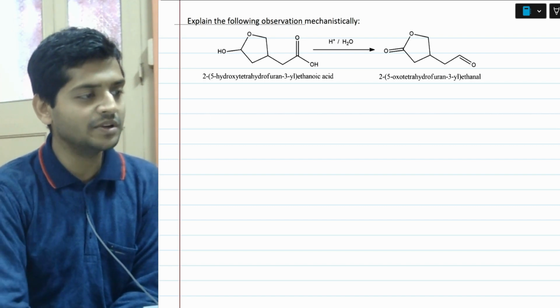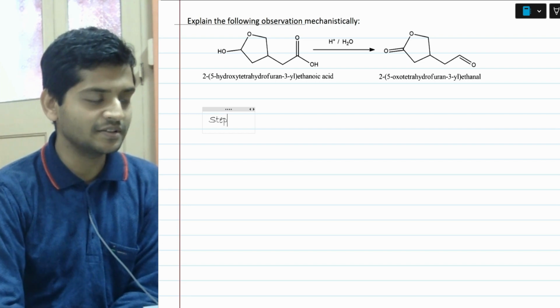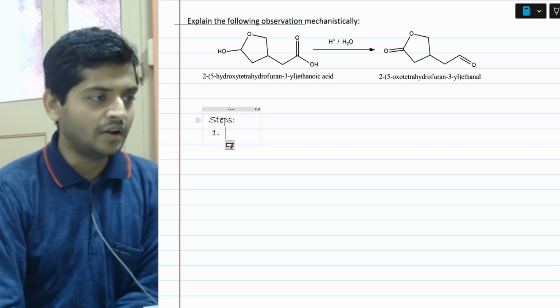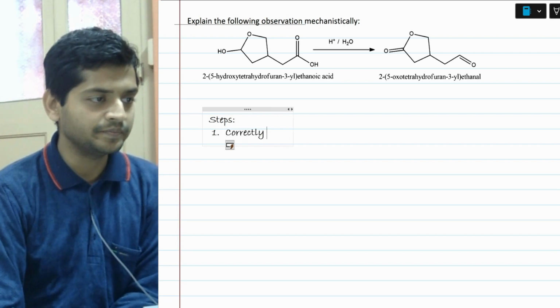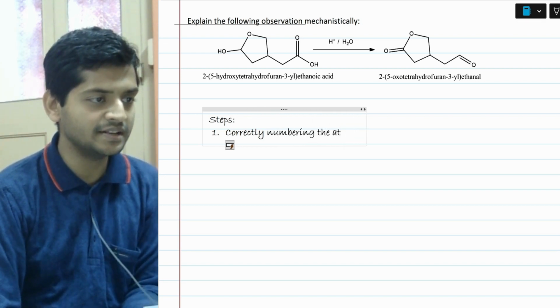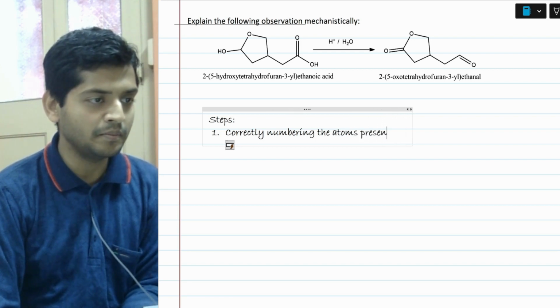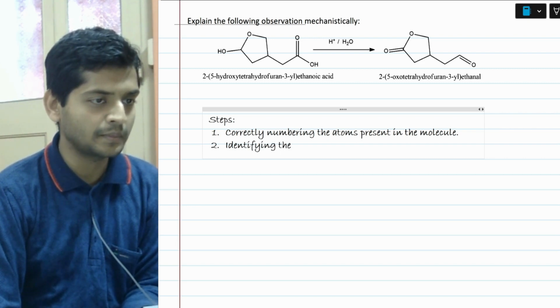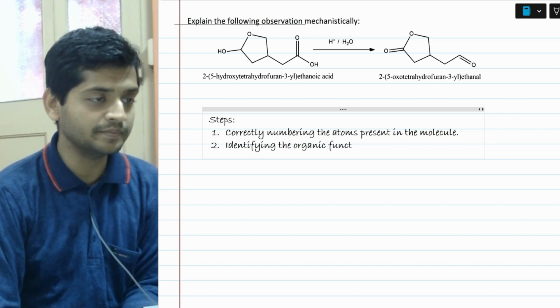If we divide this entire problem in 4 different steps, we have the first step, correctly numbering the atoms present in the molecule. Second step is identifying the organic functionalities or groups, we can call them, present in the molecules.